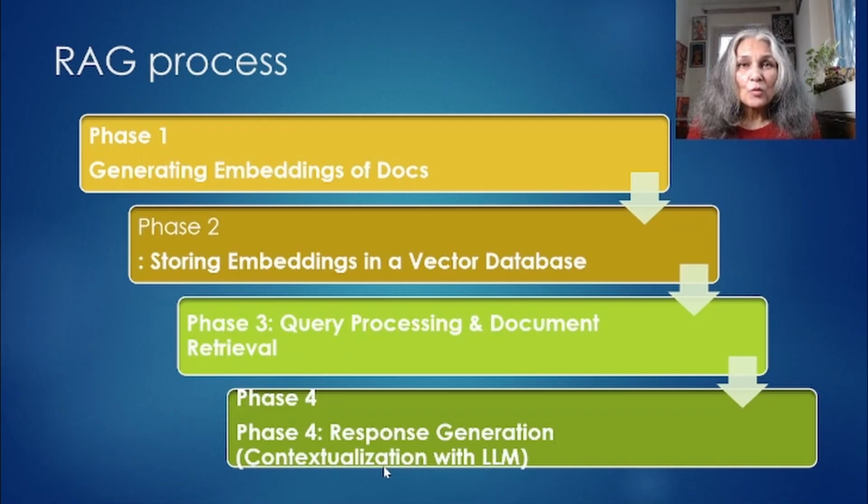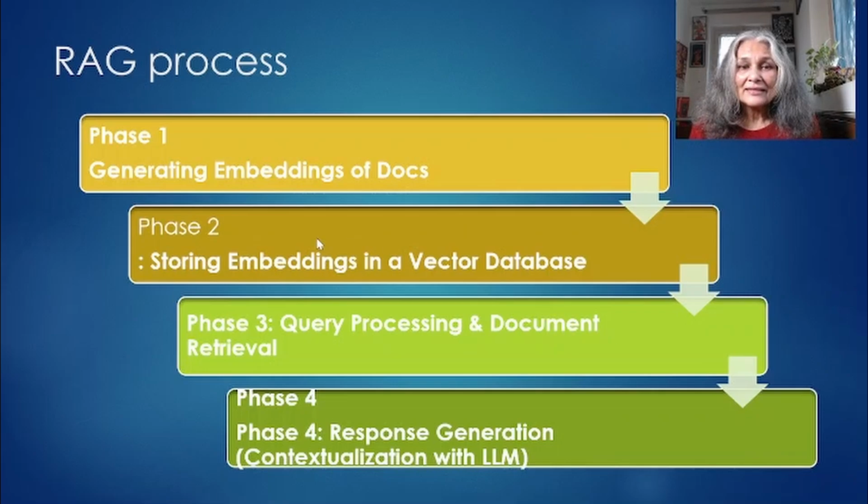Let's look at it in a more systematic fashion now. The first phase of RAG is therefore generating your embeddings of documents. And as I said before, this is typically done using a smaller large language model, such as BERT or GPT, or DistilBERT is another example, which are used typically to generate these embeddings, because these models are much more optimized towards embedding generation.